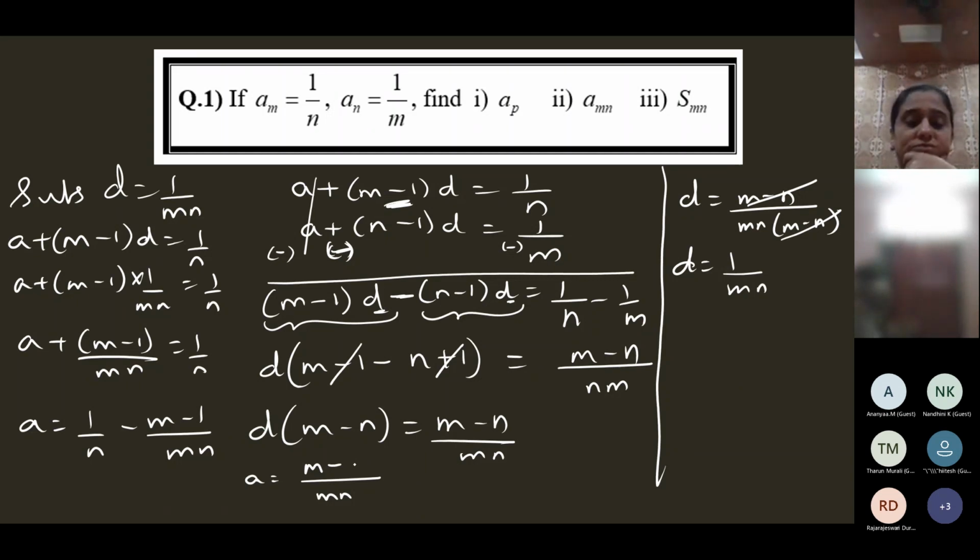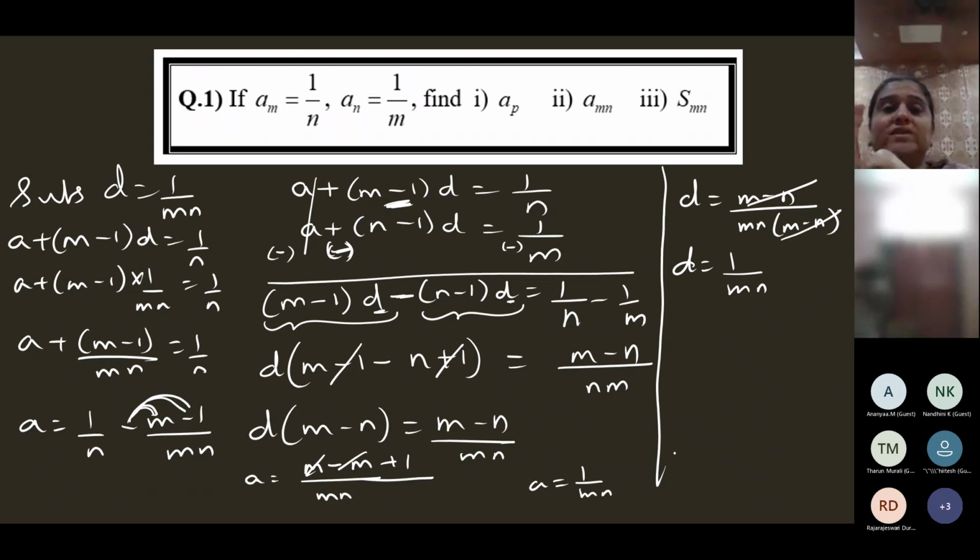It will be minus m, minus into minus plus 1, right? Yes, ma'am. Be careful. So it will be minus m plus 1 by mn. So m and minus m gets cancelled. So what's the expression for A? 1 by mn.